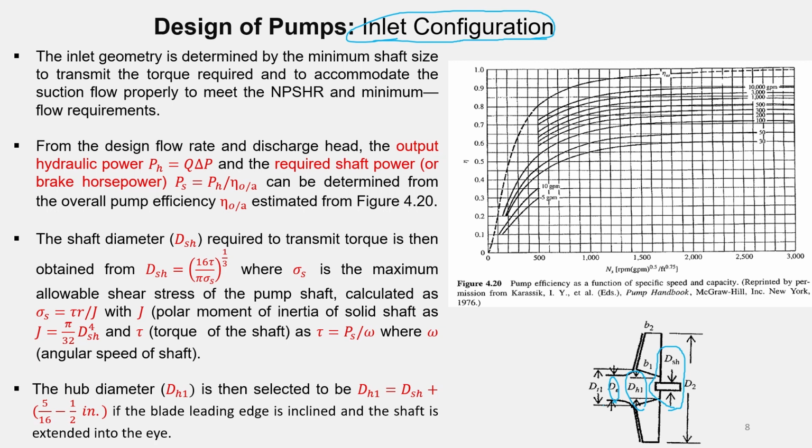You start with calculating the hydraulic power. The hydraulic power can be calculated from the required information. For example, you know the flow rate and you know the pressure. Assuming that here is the suction side and here is the discharge side, you take the pressure difference between them, P sub D minus P sub S, times the flow rate.